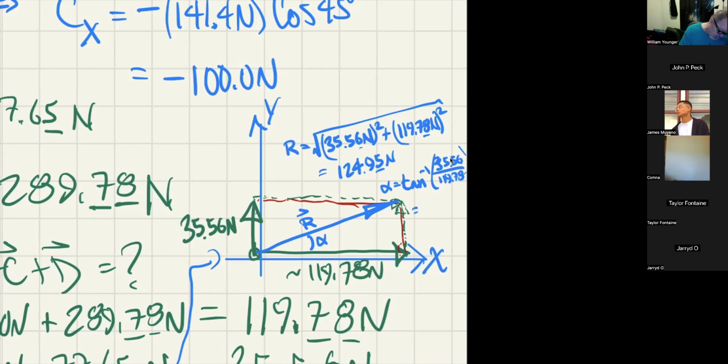So I'll take arctan 35.56 divided by 119.78, close parentheses, equals, that gives me 16.53 degrees.